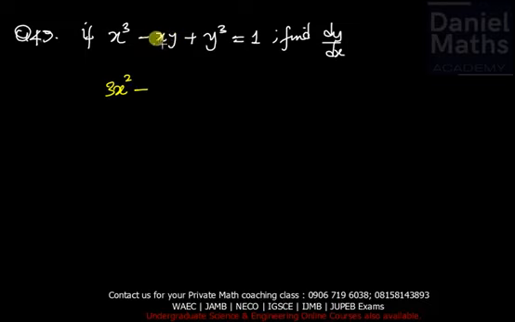Differentiate x, I have 1 times y, which gives me minus y, and then if I differentiate y, I will have minus x left, so this will give me minus x dy/dx.